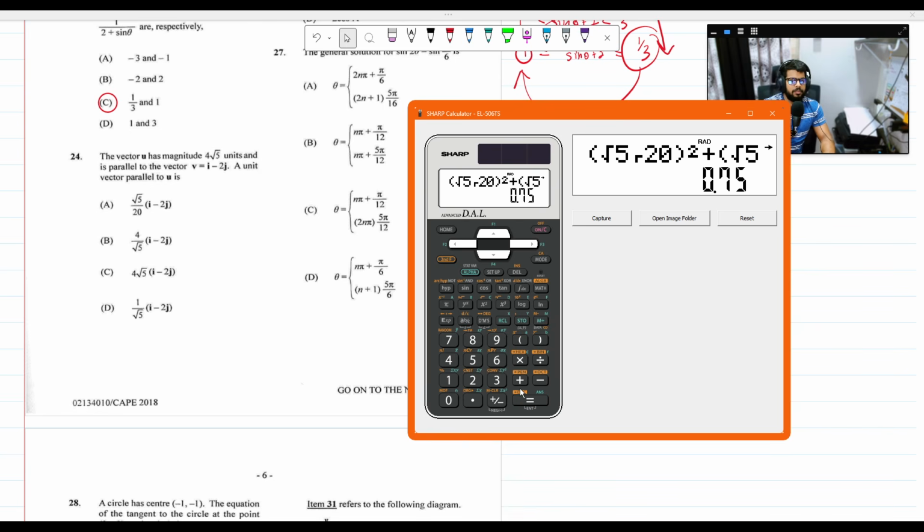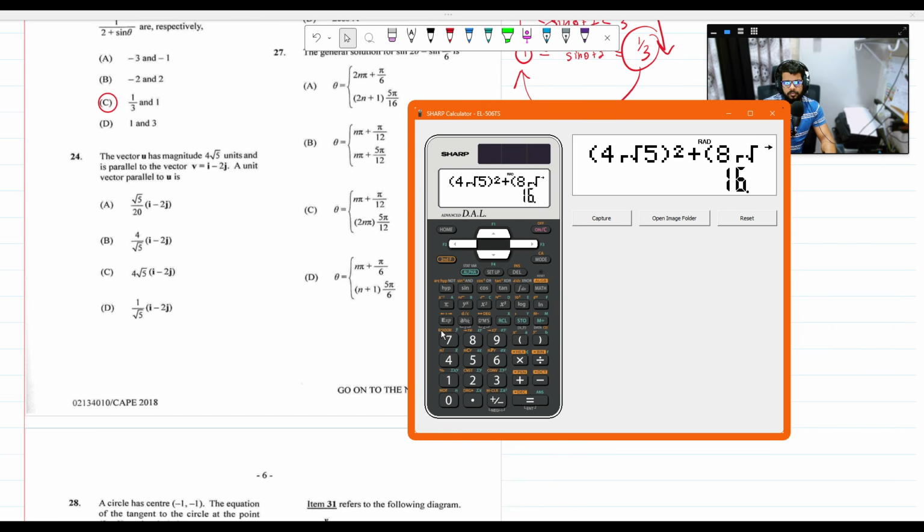A is not a unit vector. What about 4 over root 5, all squared, plus 8 over root 5, all squared? Nope, that's not a unit vector either. 4 over root 5 squared plus 8 over root 5 squared is not going to give me 1.